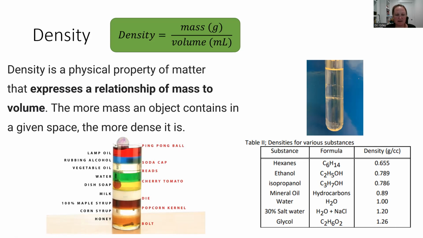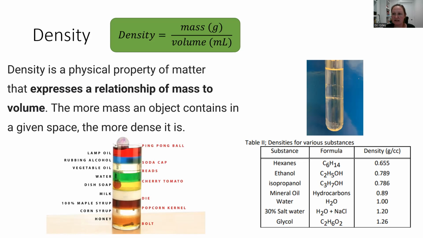So in our experiment, again, we are going to be measuring the densities of 3 unknown liquid substances. They'll be called substance A or compound A, substance B, and C. So we're going to use a graduated cylinder, take some of that liquid, measure both the mass and the volume of that liquid to calculate the density.